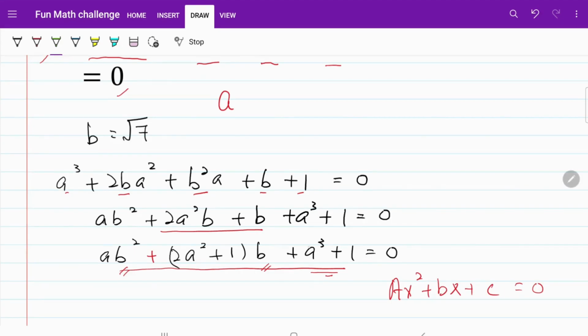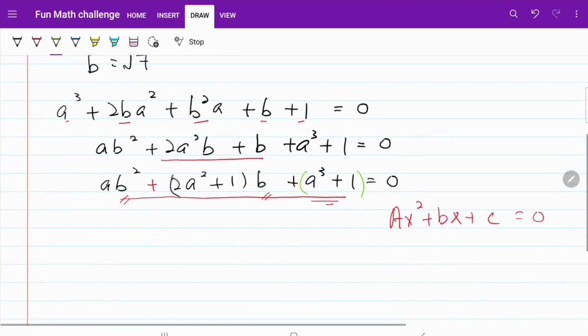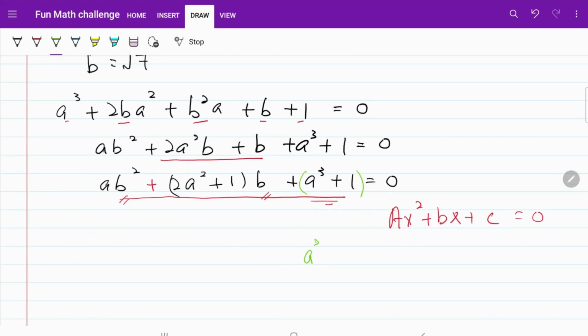Let's spend a moment to explore what I have in this green bracket. I can express this as a cubed plus 1 cubed. And this being the sum of two cubes, I can express that as a plus 1 multiplied by a squared minus a plus 1.